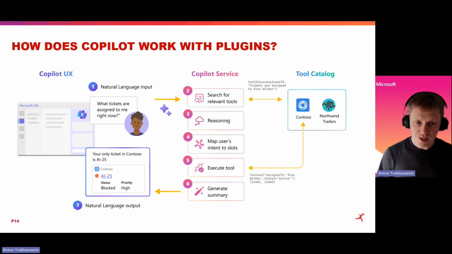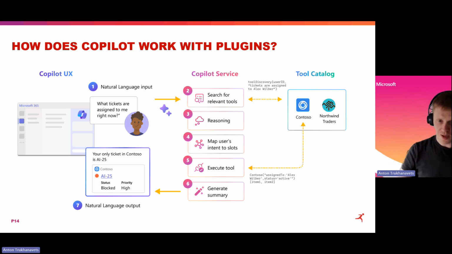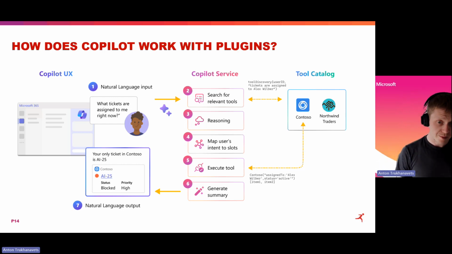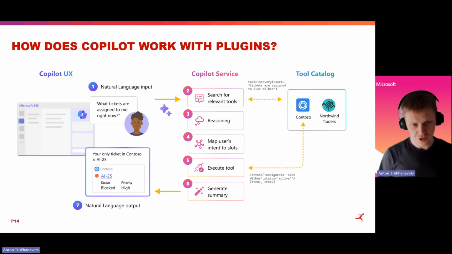And then it's doing its reasoning. It's mapping intent to slots. It's parsing the arguments. It's calling your plugin, actually calling your code, and then the code returns a result. The result is returned as an adaptive card to your Copilot engine, and then based on the adaptive card, Copilot will actually create a summary for you.